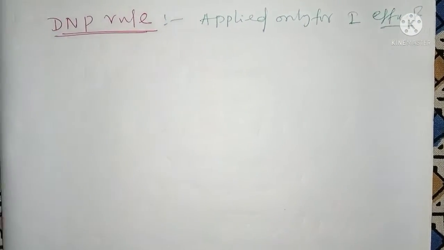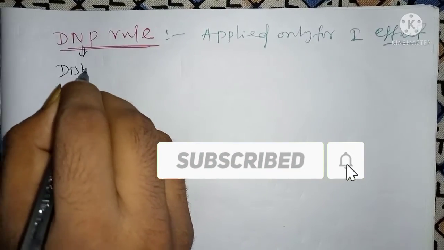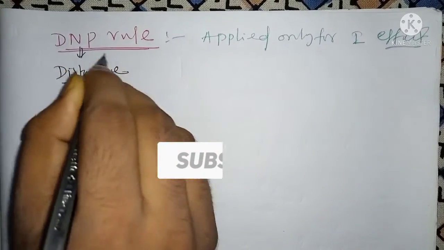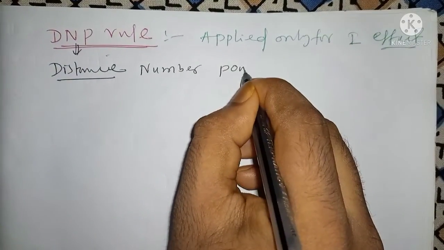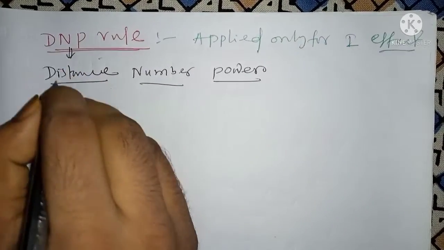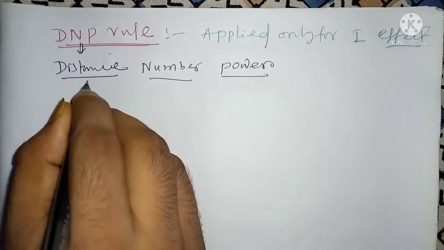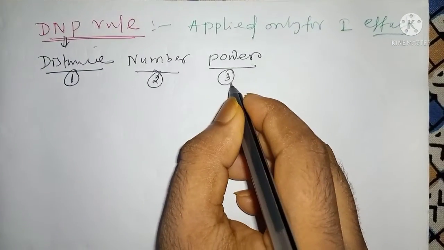DNP: D for distance, N for number, and P for power. This is the first priority, then the second priority, and the third priority.